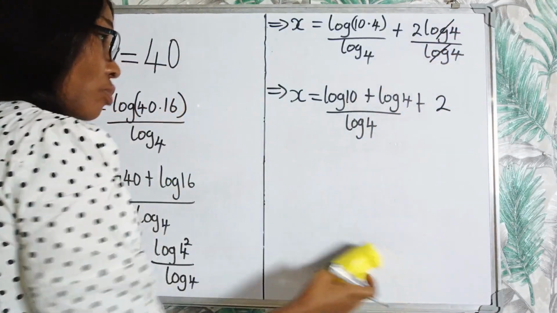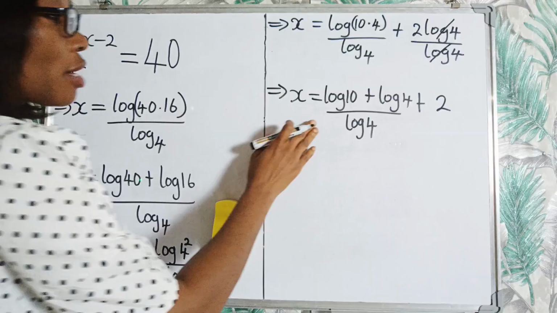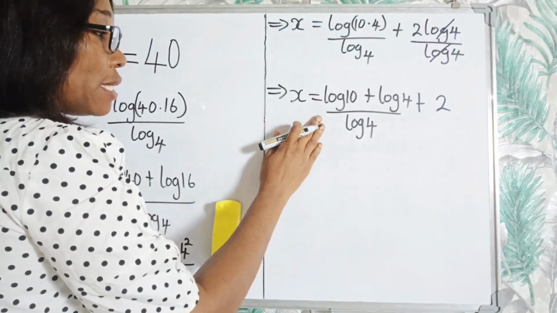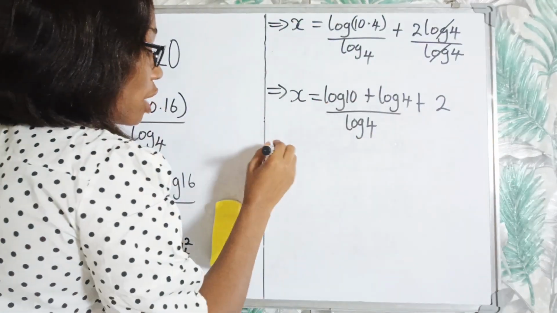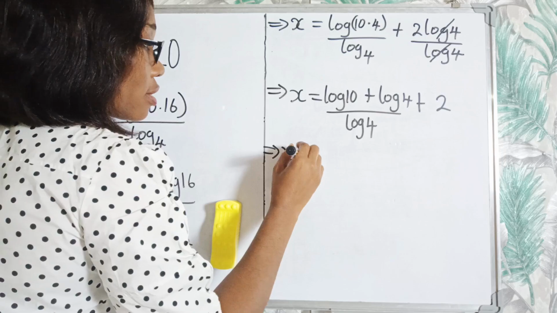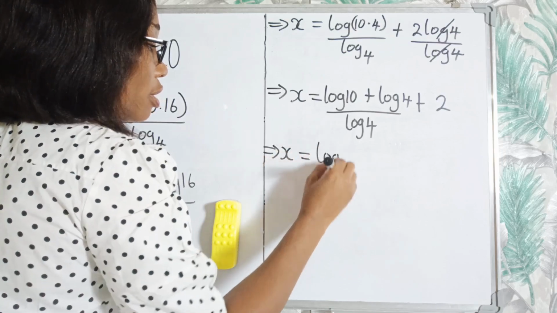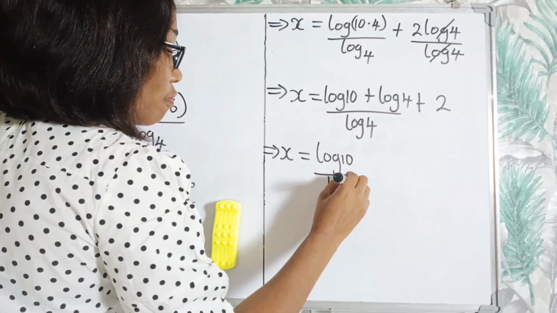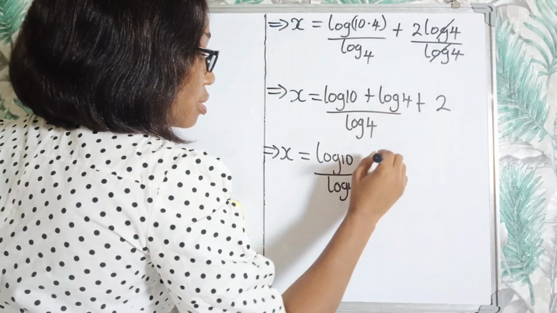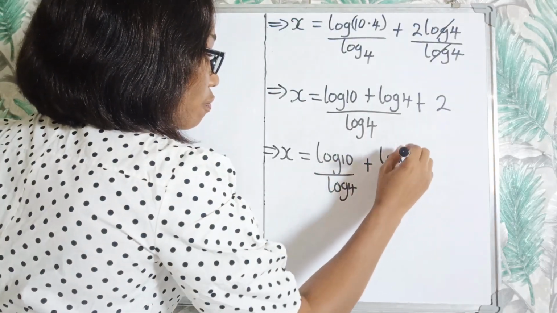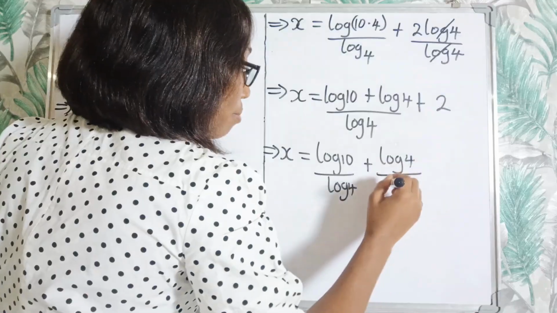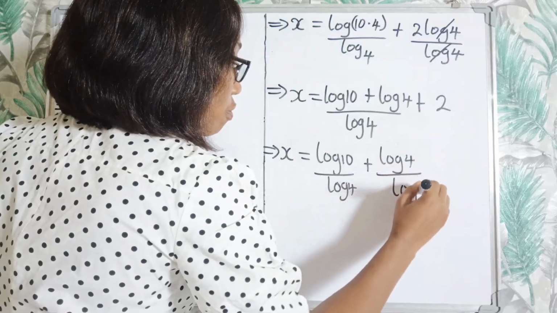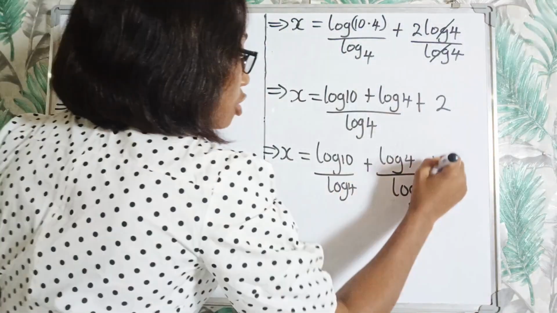Okay. Now here, we are allowed to split this fraction. So we are going to have x is equal to log 10 over log 4 plus log 4 divided by log 4 plus 2.